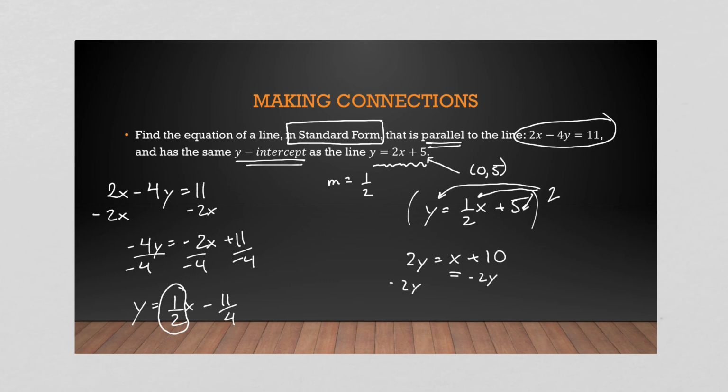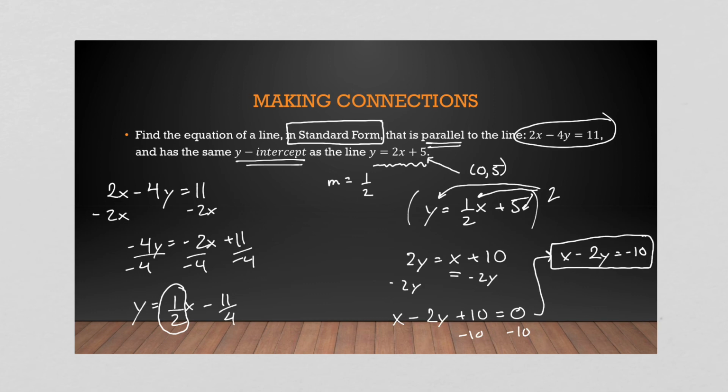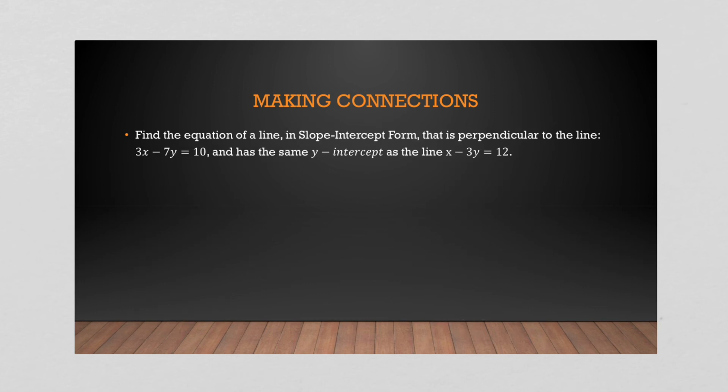And now if you're paying attention, this is already in general form because the 10's already on this side. But since we want it in standard form, we just subtract 10 from both sides. We end up with x minus 2y equals negative 10. Nice. Easy peasy. One more.